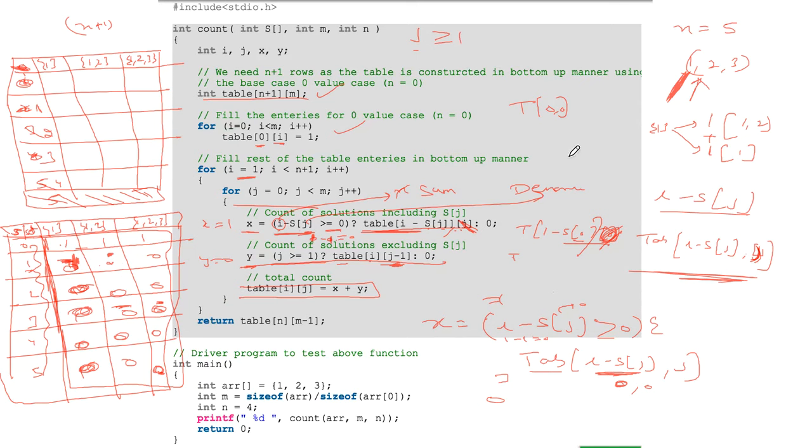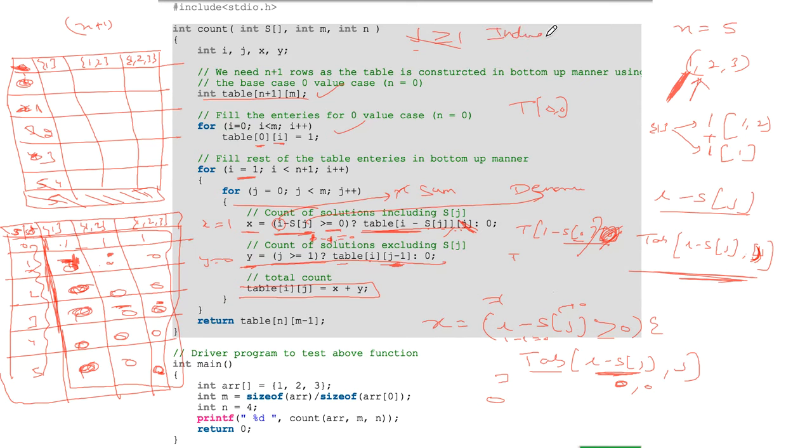This entry should be number of ways to create 1 using either 1 comma 2, plus number of ways to create 1 by only 2. By including, if you have excluded 2, then what do you mean by only 2? That's the one difference.